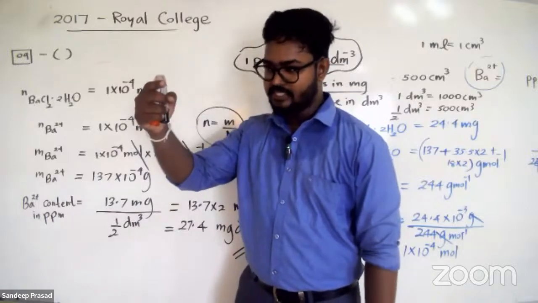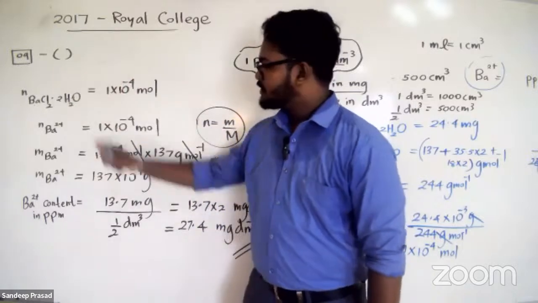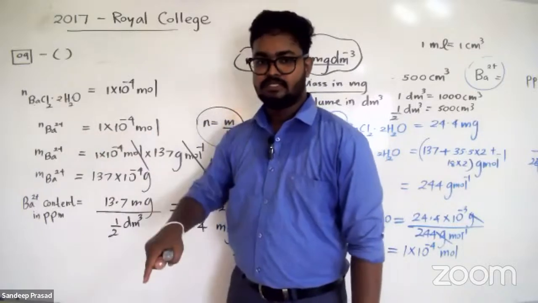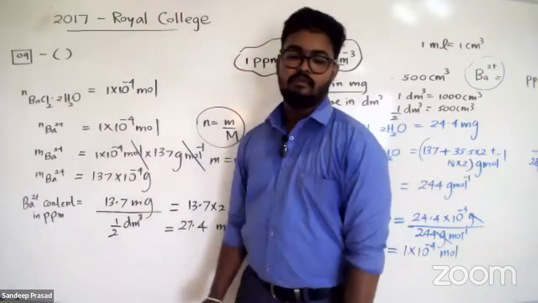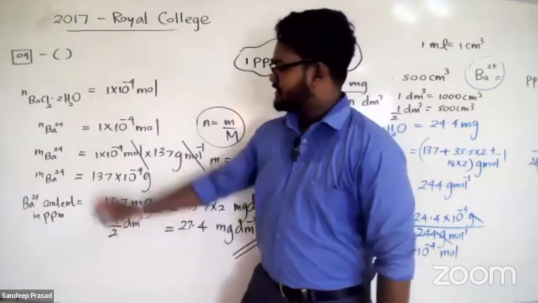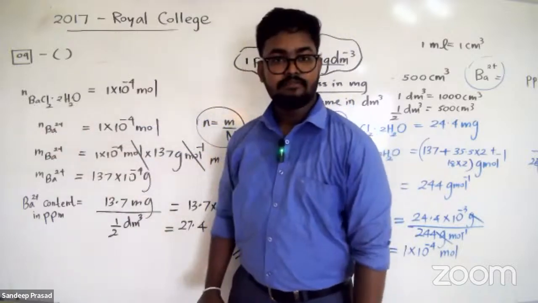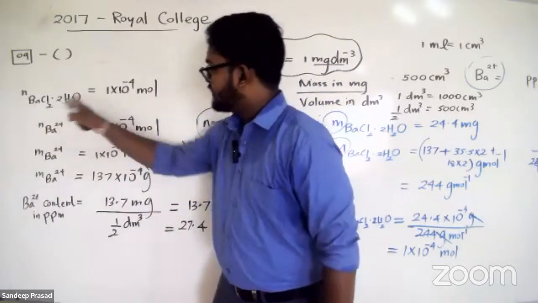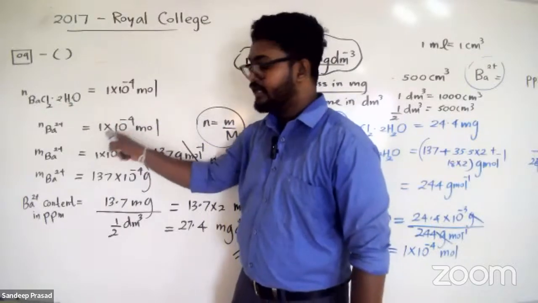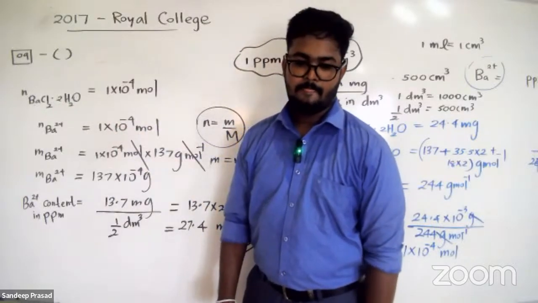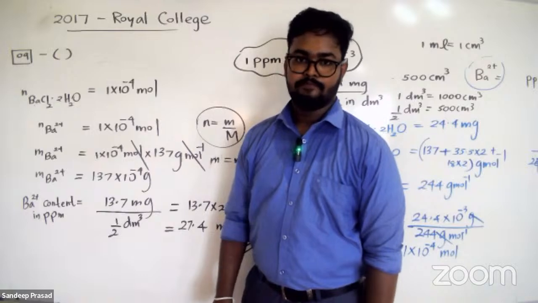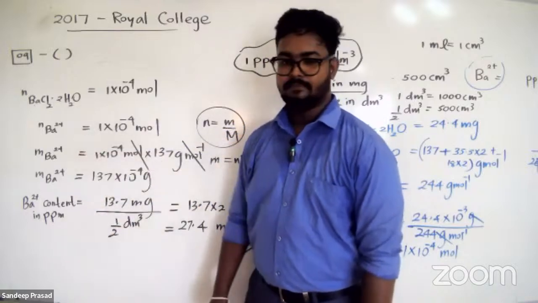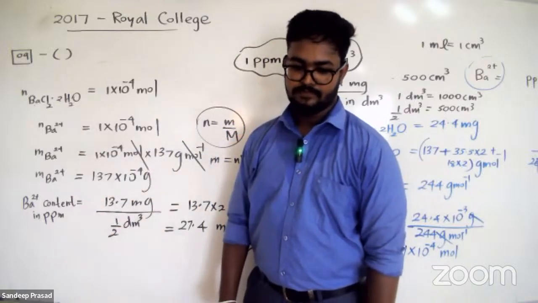That means the ratio is 1 is to 1. So barium 2 plus is also 1 into 10 to the power minus 4. Just imagine we need to get chlorine. Since there are two chlorines, I have to multiply this by 2, then 2 into 10 to the power minus 4. Got it? That's how I got the barium 2 plus number of moles.